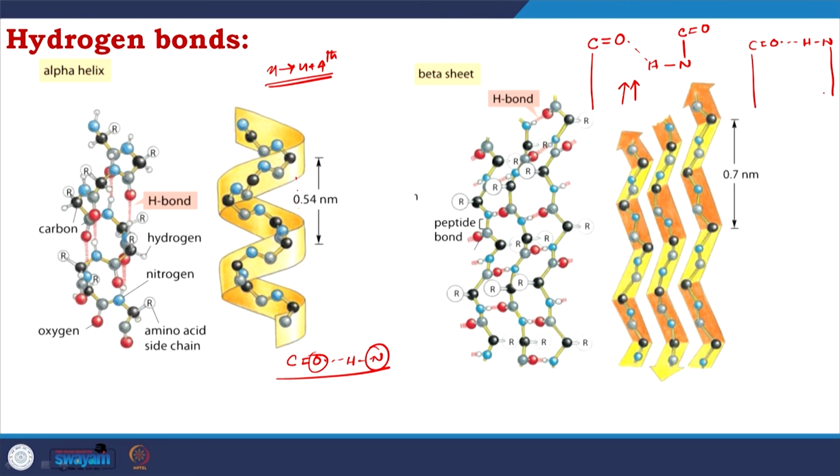So individually, by calculating the hydrogen bond, the most stable is the alpha helix, second anti-parallel beta sheets, and third parallel beta sheets. So stability wise, this is the order.